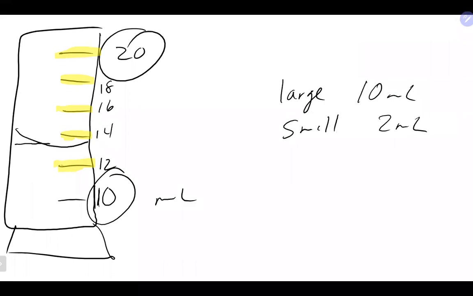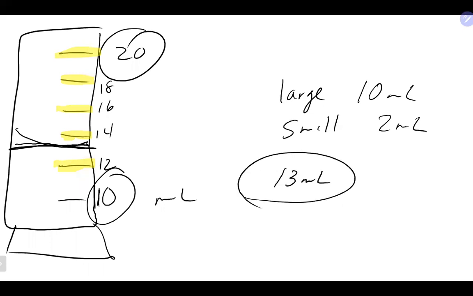So when I take my reading right about there, what is between 12 and 14 in this case? The number between 12 and 14 is 13. The best you could do on this scale would be 13 milliliters, which would have 2 sig figs. The uncertain number in this case would be the 3.